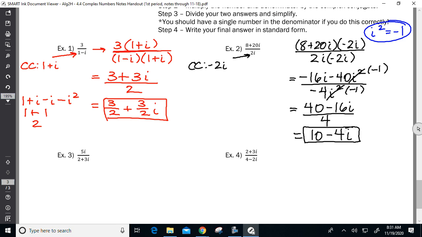Questions, example 2. I'll give you a moment to start example 3. Yep, you only use the denominator for the complex conjugate. Numerator will always stay as is.